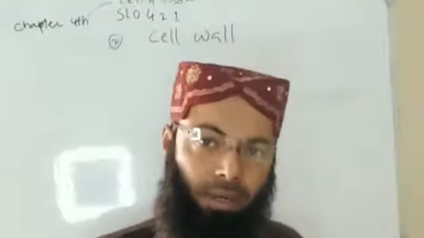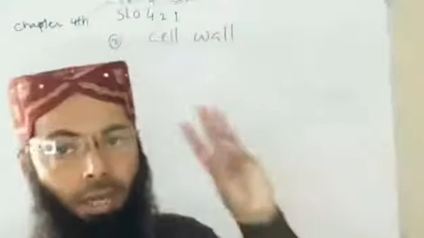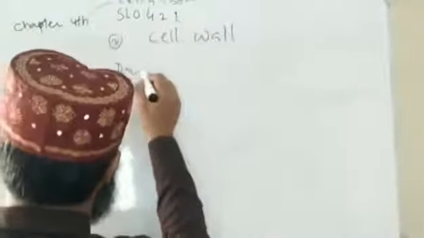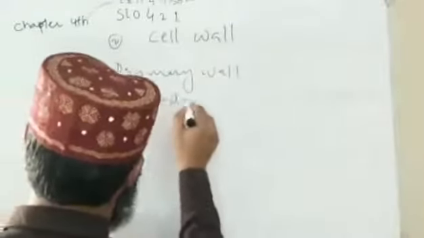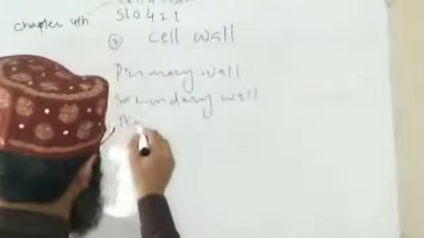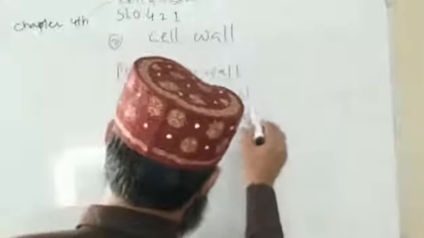A cell wall has three layers: primary wall, secondary wall and middle lamella. These are the three parts of the cell wall layer.